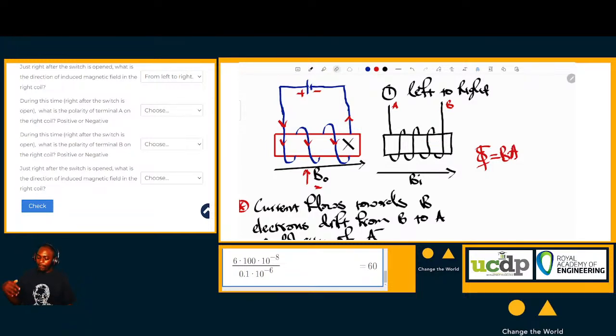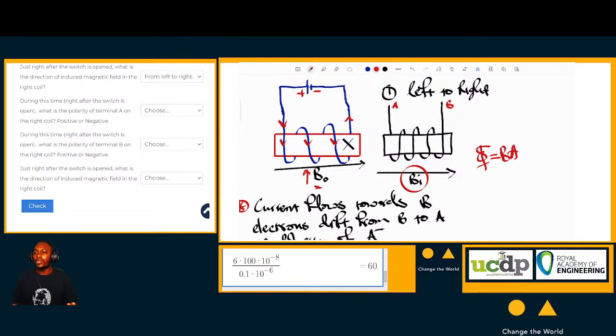Okay. Why? Because the direction of the induced magnetic field has changed. So it's obvious that there has to be a reverse. But also you should know how to do it. So it's now going to be a reverse of what we had earlier on because the direction of the induced magnetic field has reversed.